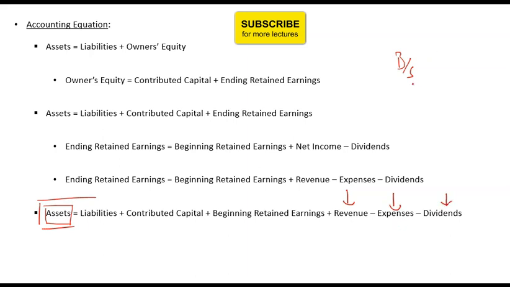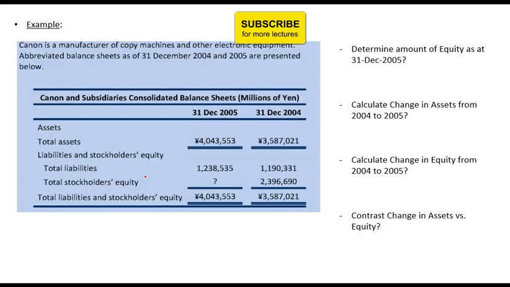So to analyze the balance sheet, you should first look at the income statement that includes revenues and expenses, and then look at the appropriation of income that includes dividend. All the accounting statements are linked. You cannot analyze any financial statement in isolation, and these links are something that you should remember.